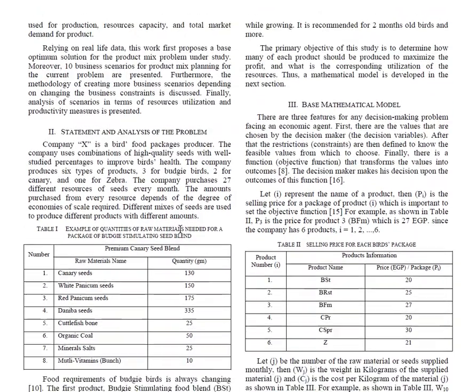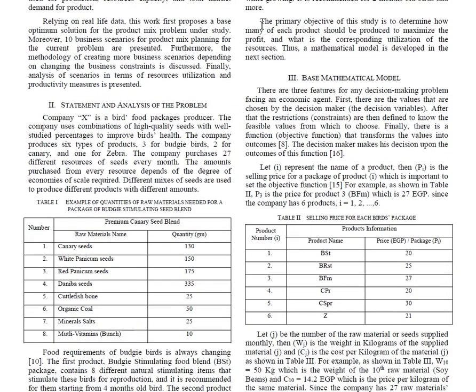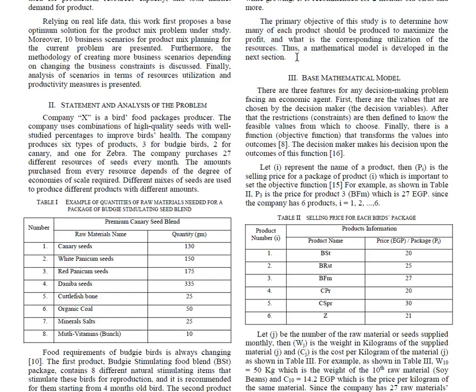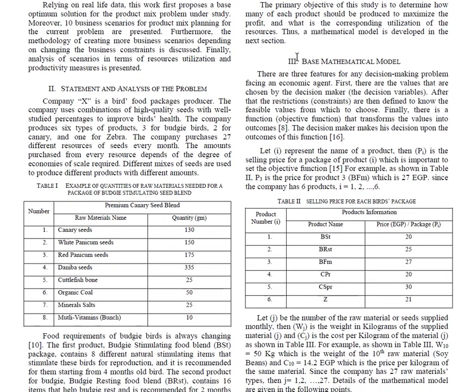I want to jump to the objective. Okay, the primary objective of this study is to determine how many of each product should be produced to maximize the profit and what is the corresponding utilization of resources. Taking into account the utilization of these resources was not considered before, up to the point in time when this paper was published, and this is a very small contribution.